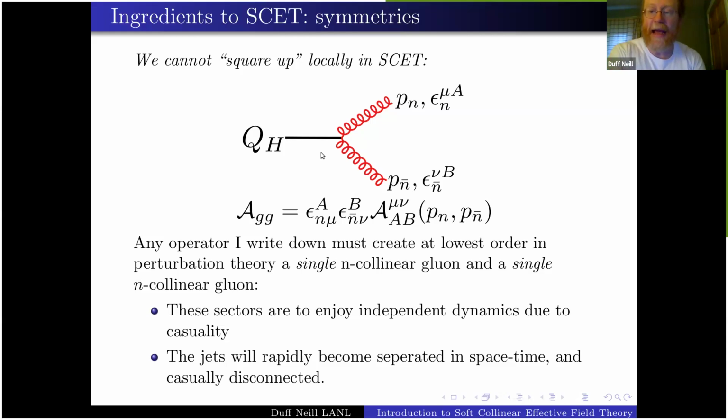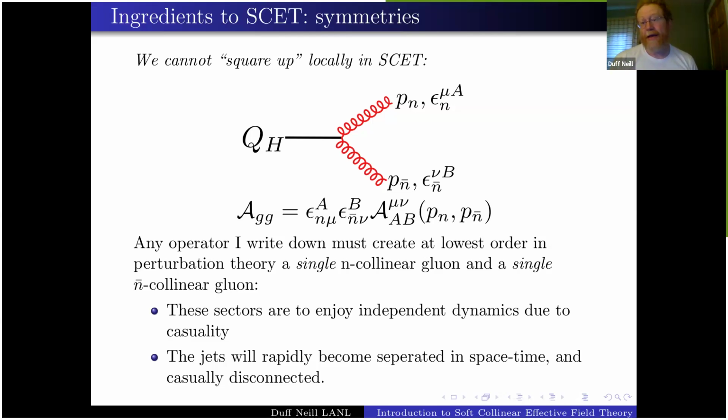But we can immediately see that as soon as I analyze my lowest order process, my Born configuration in QCD, any operator that I write down at lowest order in perturbation theory has to create a single n-collinear gluon or a single n-bar collinear gluon, because that's what's happening in my lowest order QCD process when I calculate the scattering amplitude. And any operator that is gauge invariant by this squaring up process can't create a single gluon, can't create a single quark, because my squaring up gives me bilinears, so I will always create them in pairs.